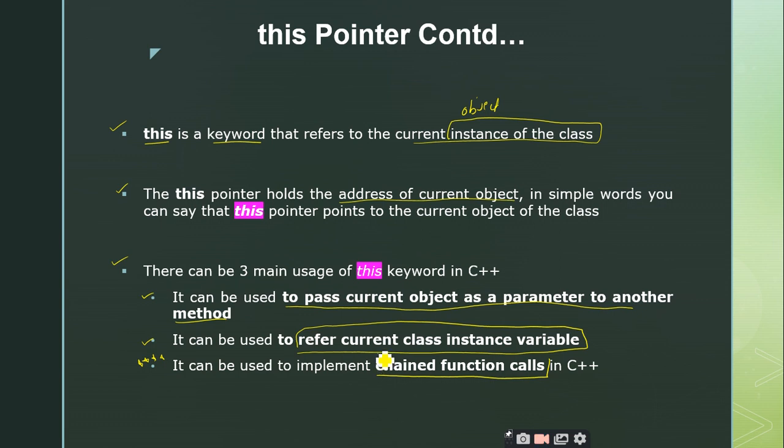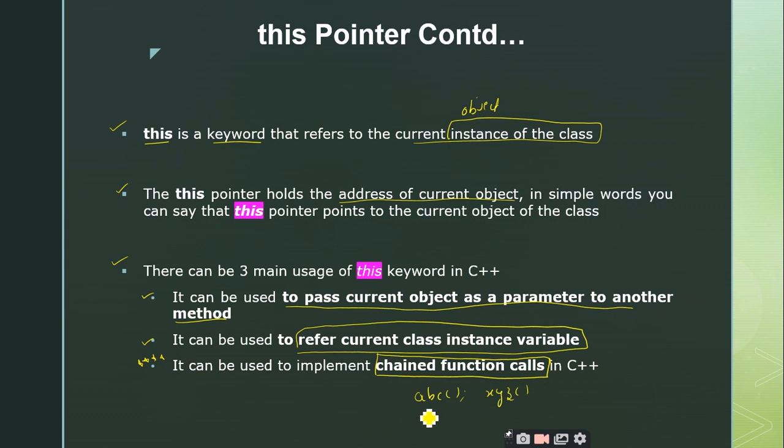What do you understand by the term chained function calls? The function calls are connected. Right. So the function calls are occurring in a connected manner. For example, if I have two functions abc and xyz.